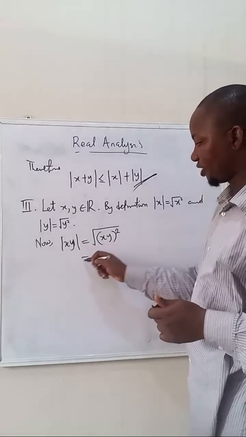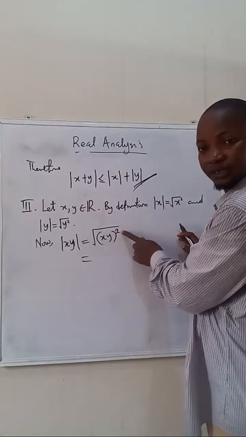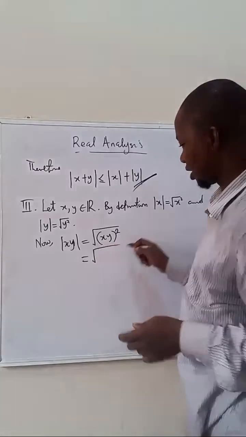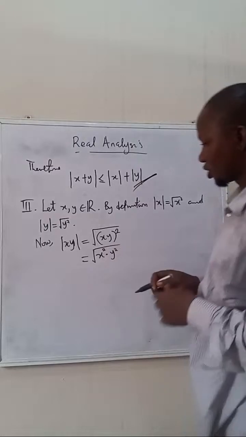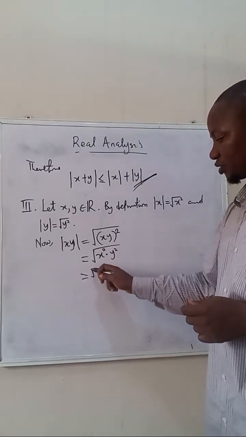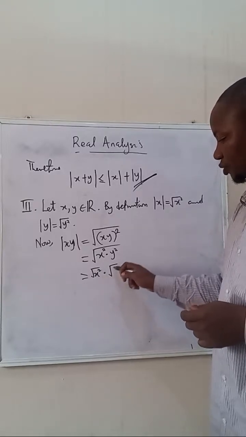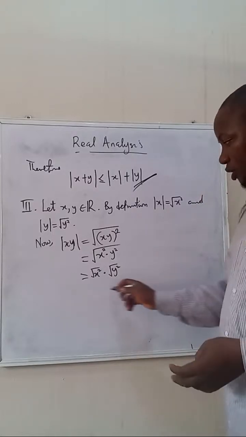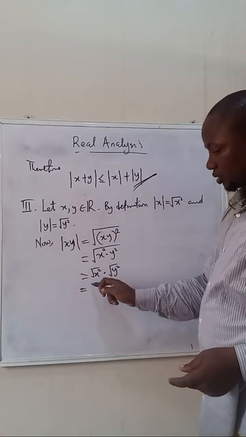Now, by law of indices, xy takes this power, and this will be x squared. By the third law also, we can split this into two, so that we have something of this nature. By the definition we have said earlier, this is what?